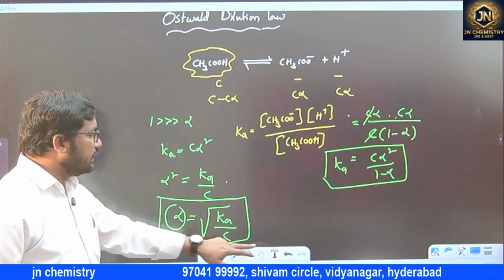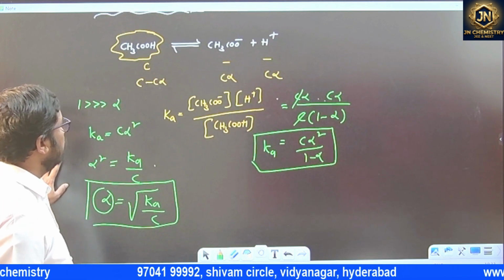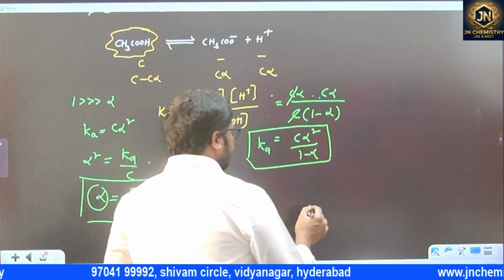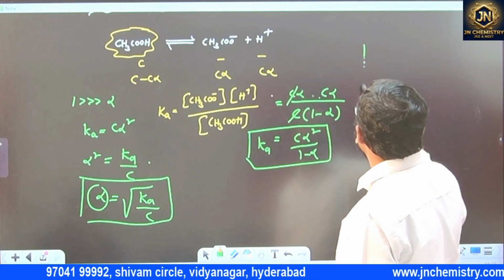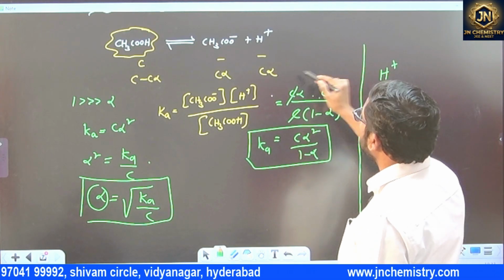Sometimes they are asking for the pH calculations. The H plus ion concentration is nothing but what? C alpha.